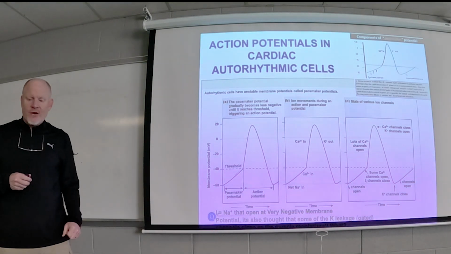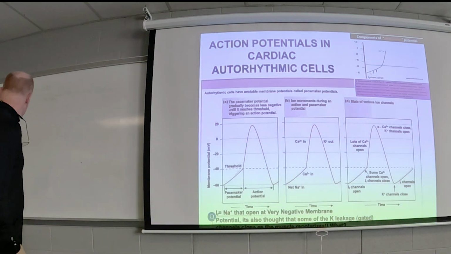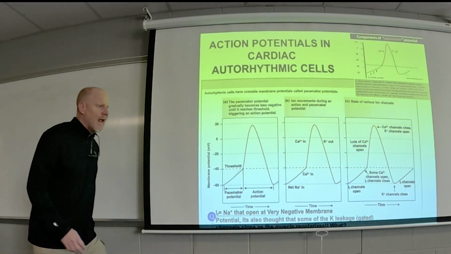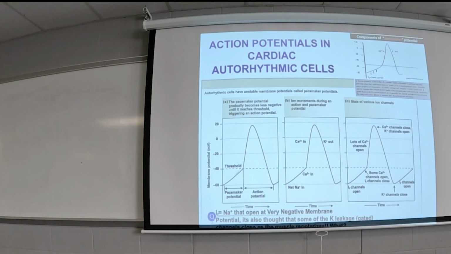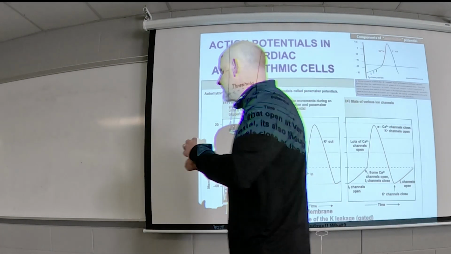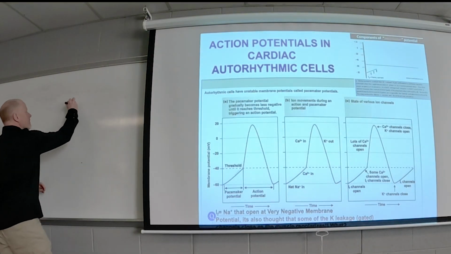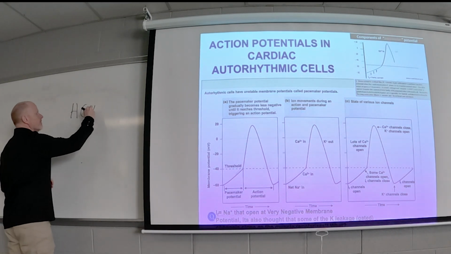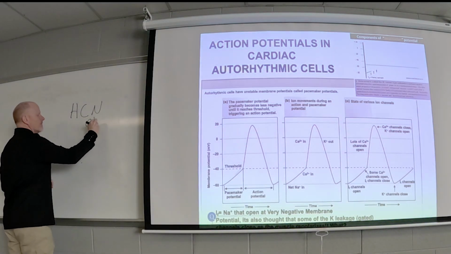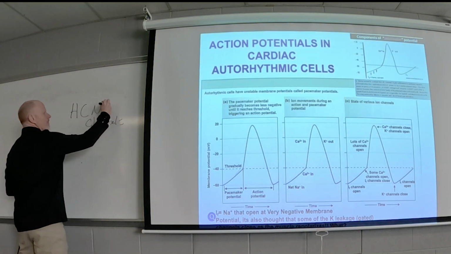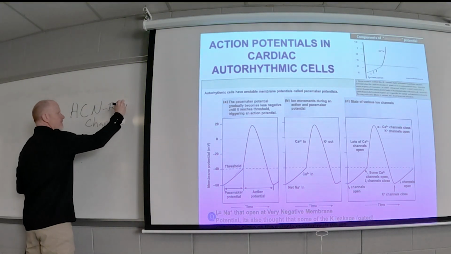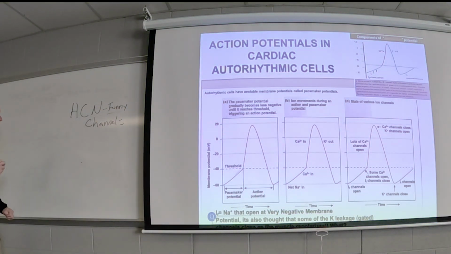And so these channels have a name. They're called HCN channels. Those are actually at the bottom of the slide, but I know most of you take notes. These are funny current channels. I like calling them funny current channels because I just think it's funny that they named them that.